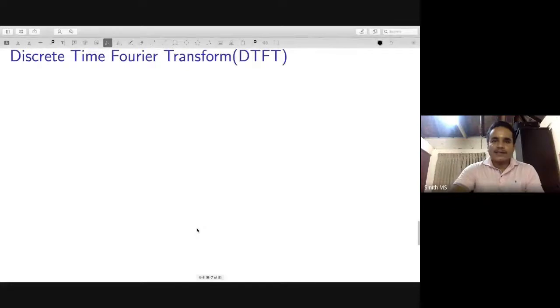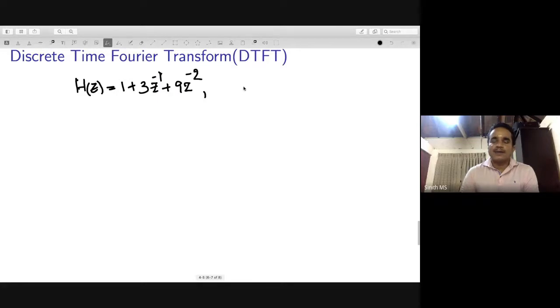Now, all of you remember what is discrete time Fourier transform, right? When you have H(z) equal to say 1 plus 3 z inverse plus 9 z raised to minus 2, what is the discrete time Fourier transform? You replace z with e raised to j omega, r equal to 1.